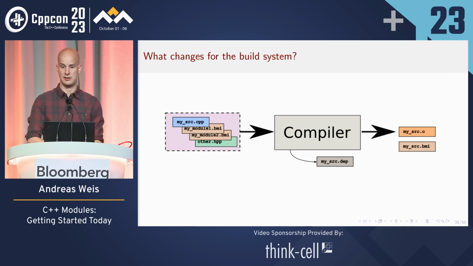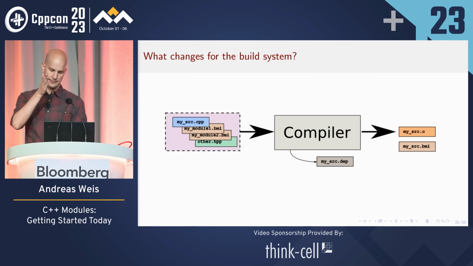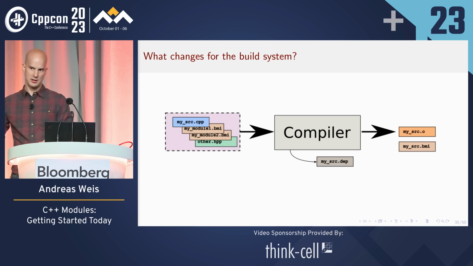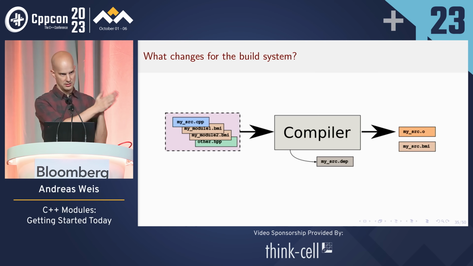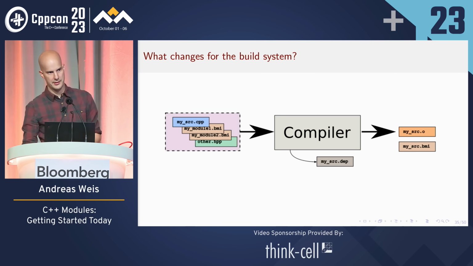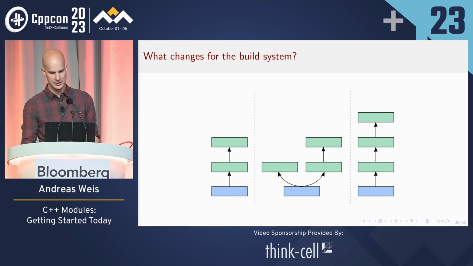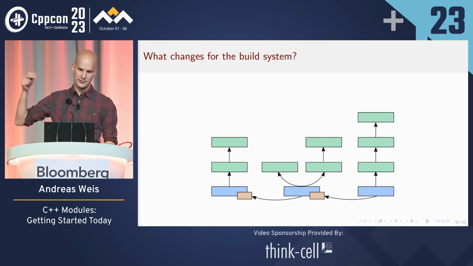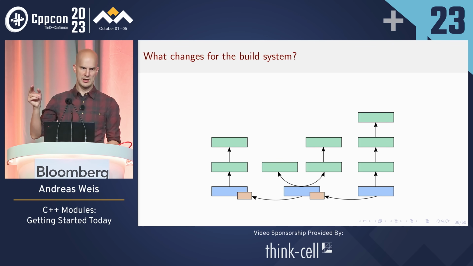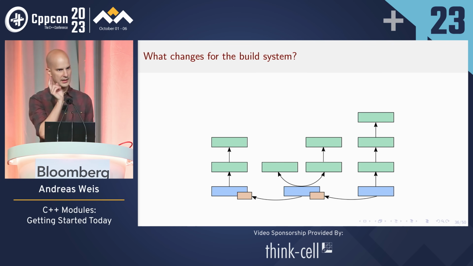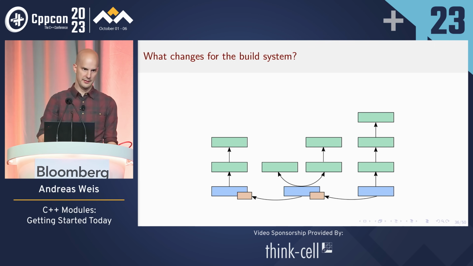That's the big difference now, right? That I have some of the outputs of the compiler as inputs to the compilation of other source files. And the implication of that is, whereas before we could build each of the source files independently, we now have dependencies between the source files, from one source file to the BMI that is produced by the compilation of another source file.